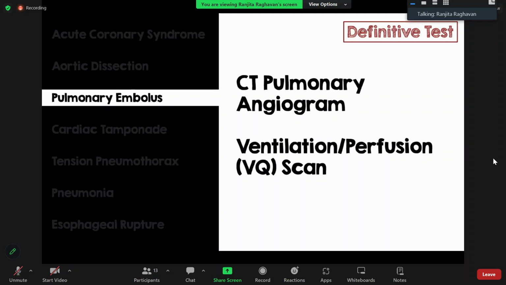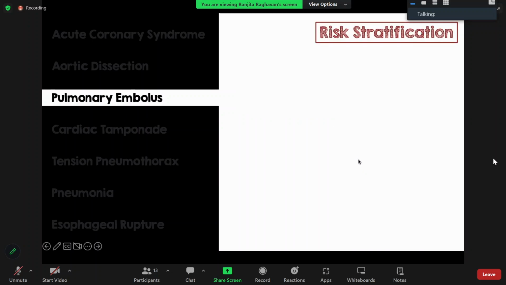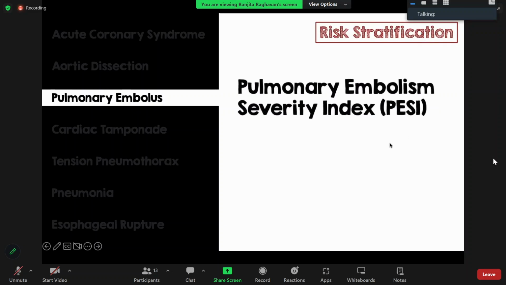So I tend to use the CT angio and not really use a VQ scan, but it is something that can be used for a PE. And yeah, the PESI score is one of the risk stratification tools you can also use to figure out how severe the PE is once you've diagnosed it.